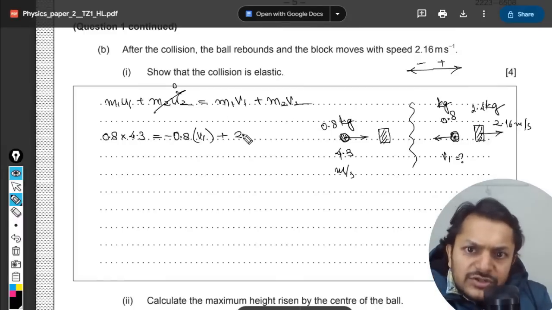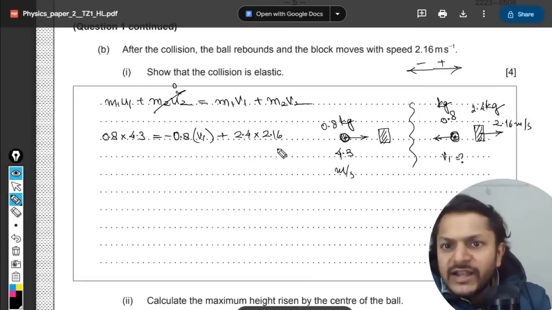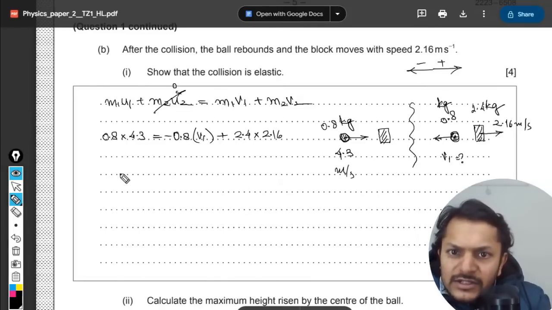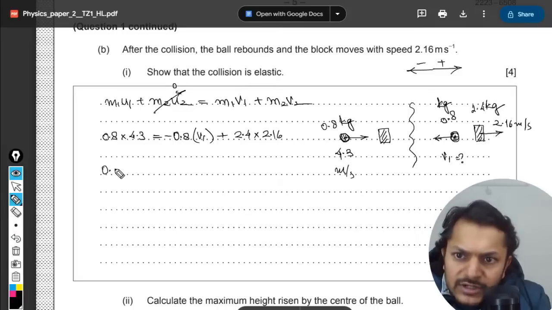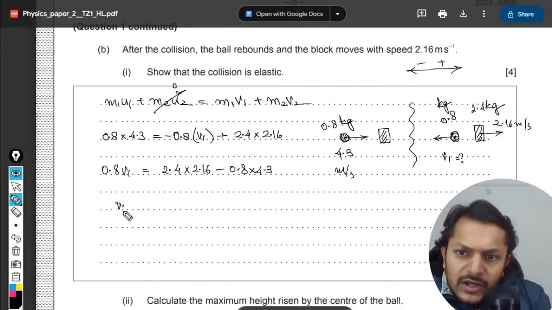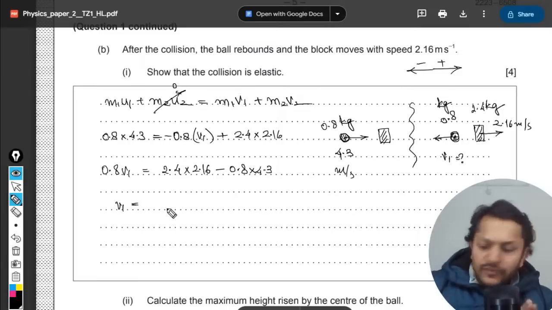Now m2 is 2.4 kg, velocity is 2.16, and it is in the positive direction. Accordingly, we can find the value of V1. So 0.8 V1 goes to the other side, and the 4.3 term as well.